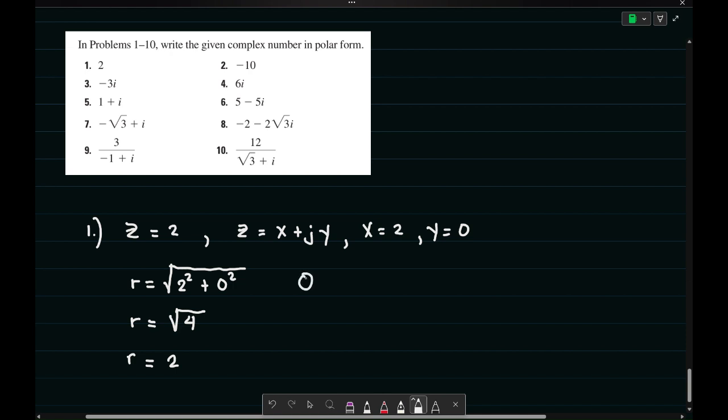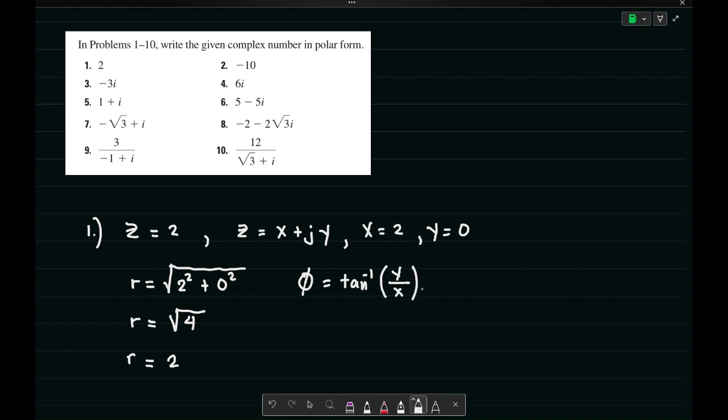And for the angle, it is equal to arctan of y over x, and that is arctan of 0 over 2.